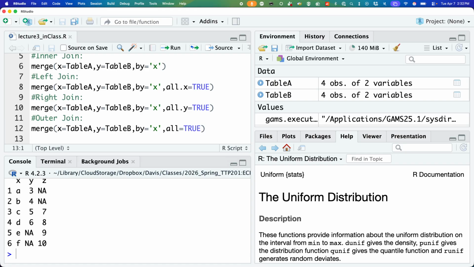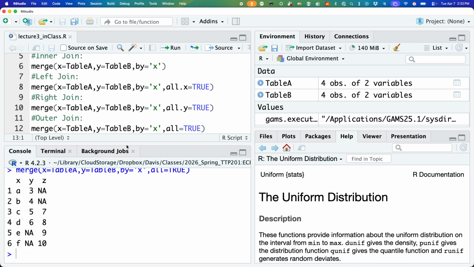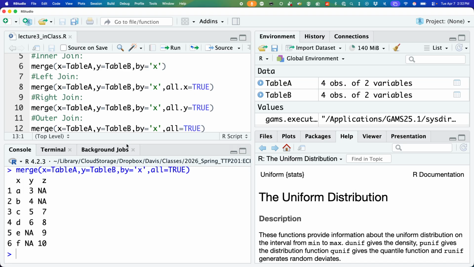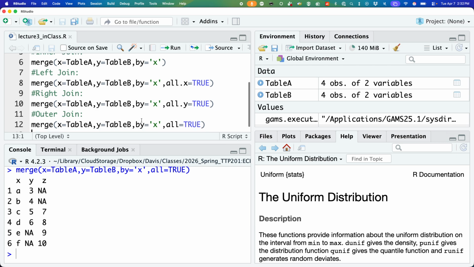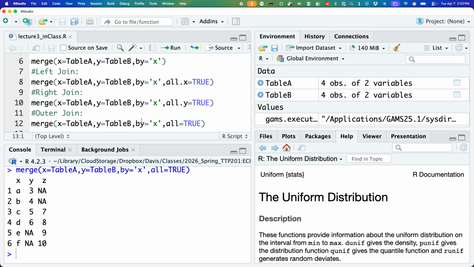I run this. Yeah, sorry, I'm trying to catch up a little bit. But okay, this is our final merge procedure, which gives us the outer join. Okay?